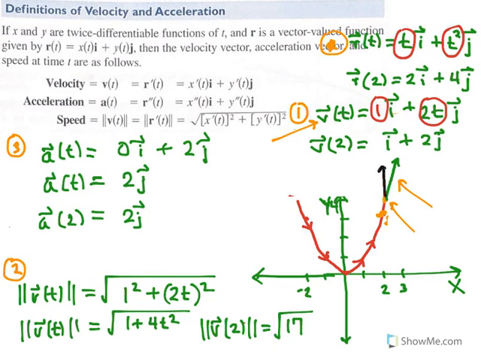Now, based on the information that I had earlier, we know that the magnitude of the velocity vector is square root of 17, which is a little bit more than 4. So I should have made this a little bit longer. It was because of the inaccuracies in my graphing that it wasn't as long as it needed to have been. But here is the acceleration vector at time t is equal to 2.